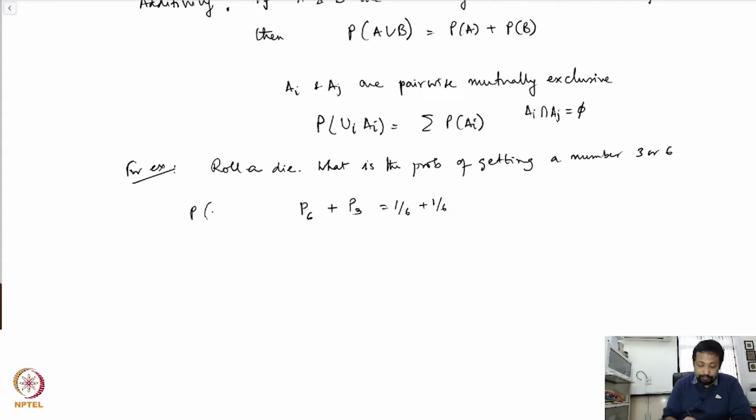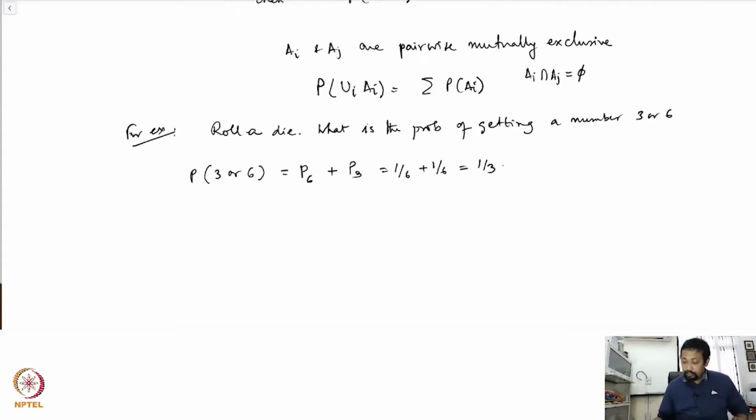So we will write down P of 3 or 6 is equal to 2/6, which is 1/3, right?